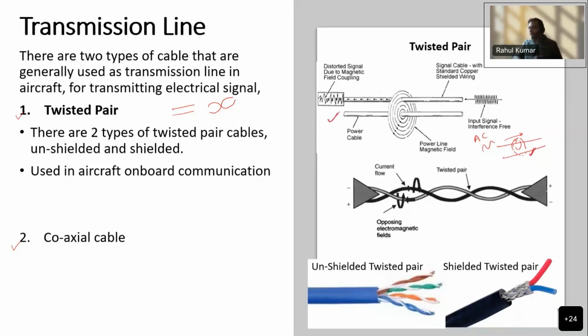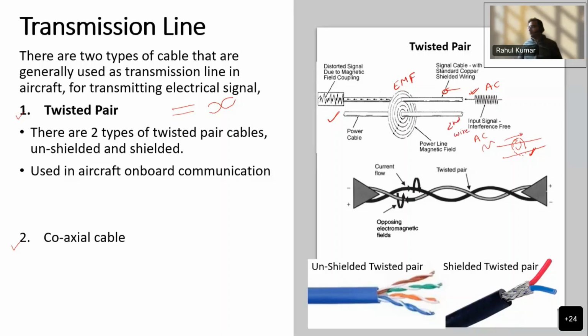Something like this here. This is a much better and clear picture. If you have some alternating current flowing in this wire, some electromagnetic field is produced, which is then induced into the second wire.